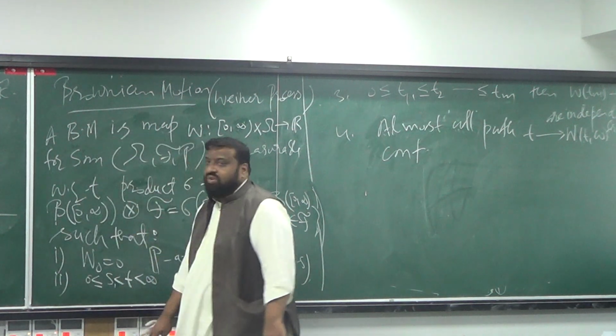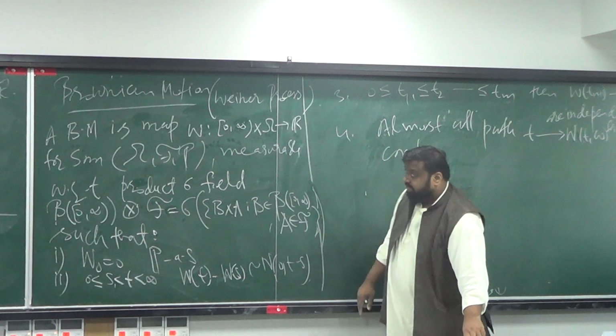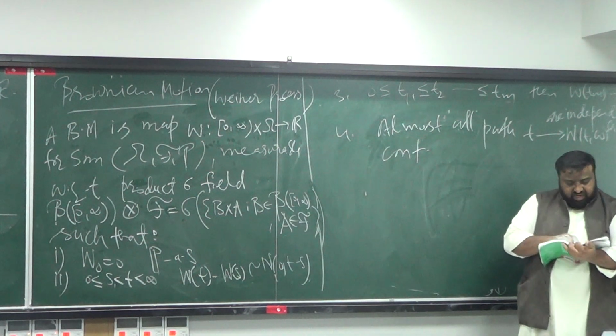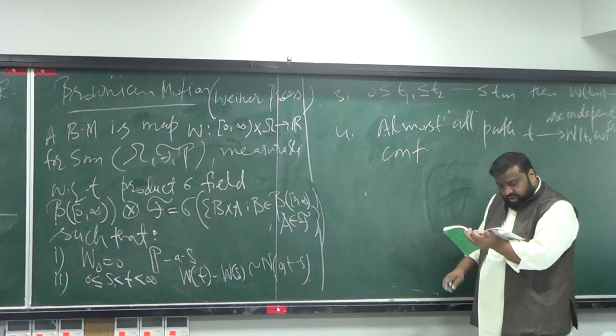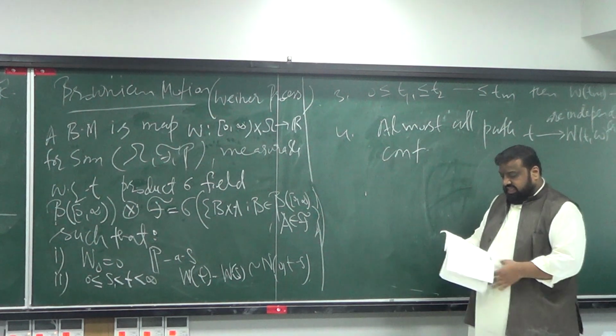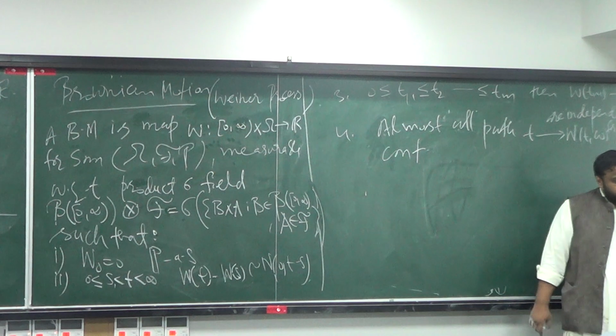We know that the scaled random walk has all these properties. So what are some of the elementary properties of it?